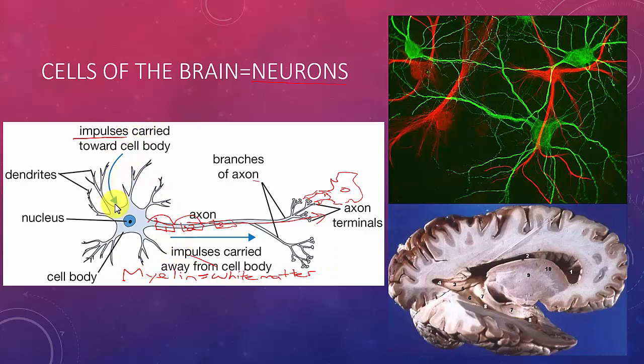So impulses still travel along the axon, but because they're missing these, it just has to go the long way around. Okay, so they just go a little bit slower. Now, I will mention that in the gray matter, there are a few cells that do contain myelin, but for our purposes, myelin equals white matter, no myelin equals gray matter. Okay?